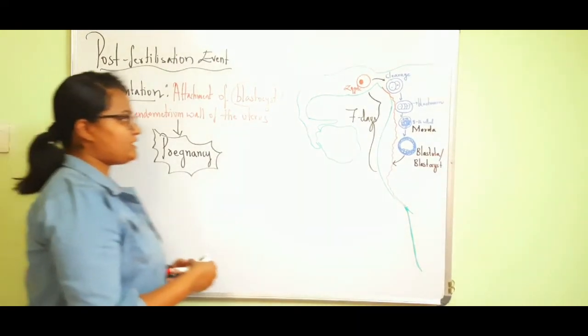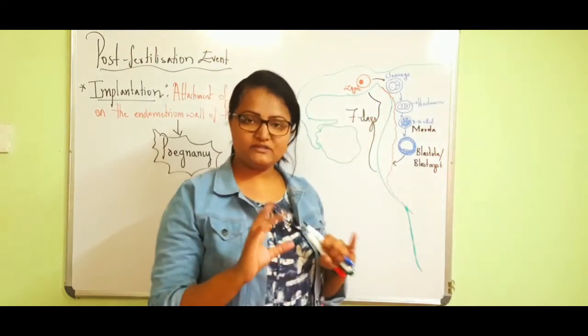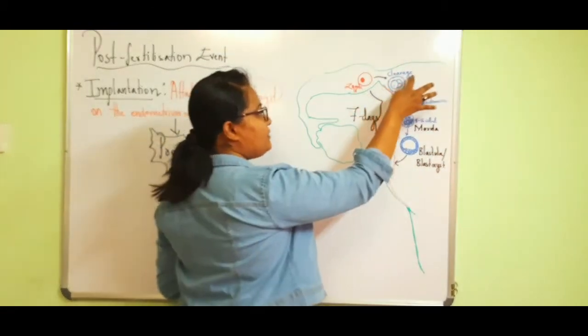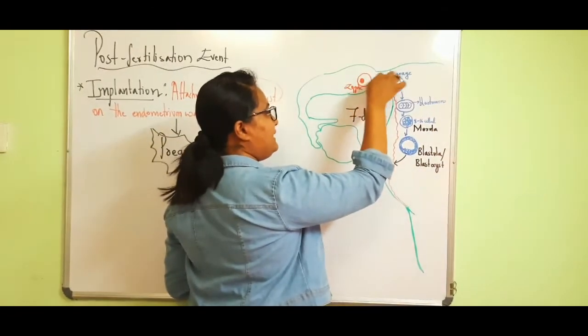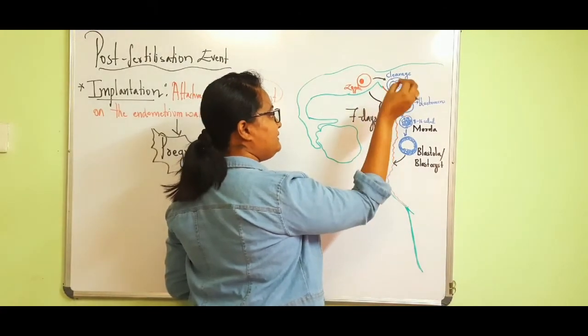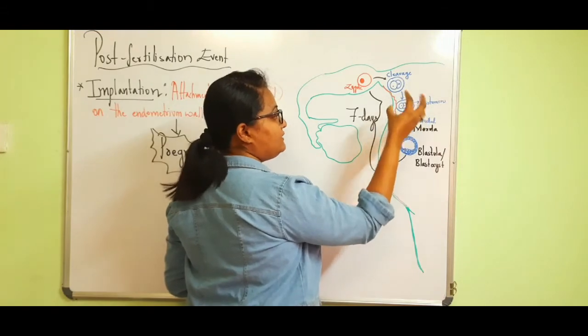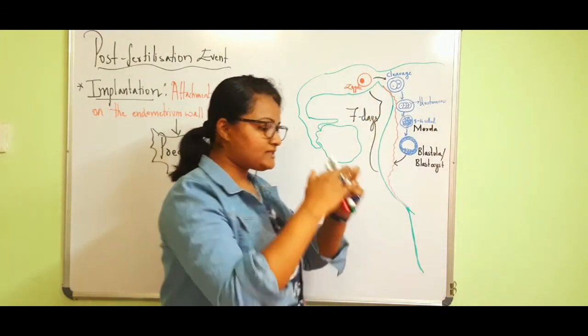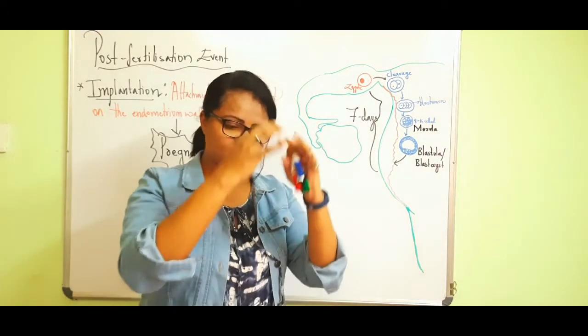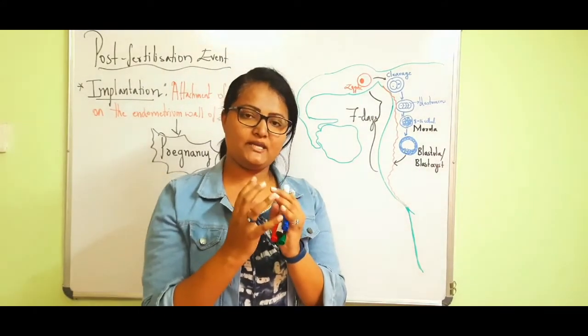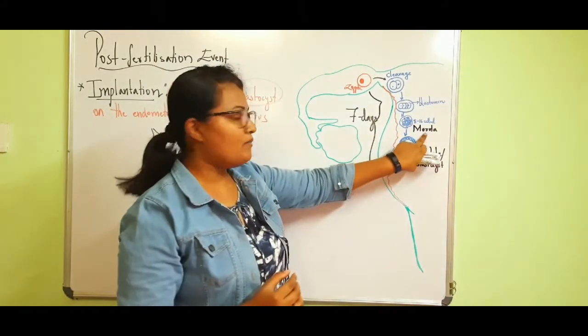So soon after zygote formation, after the fertilization, they undergo cleavage and divide into 2-celled, 4-celled, 8 to 16. So the 8 to 16 celled stage, which has a solid ball-like appearance, we call it morula.